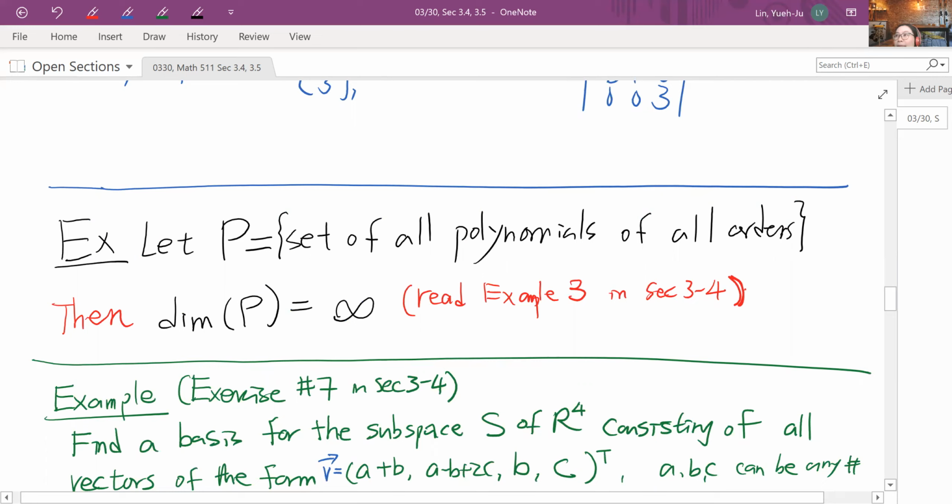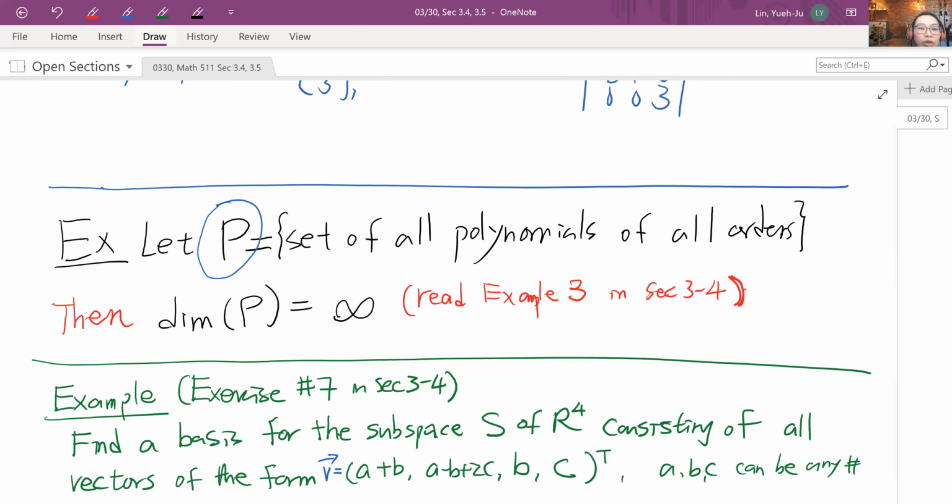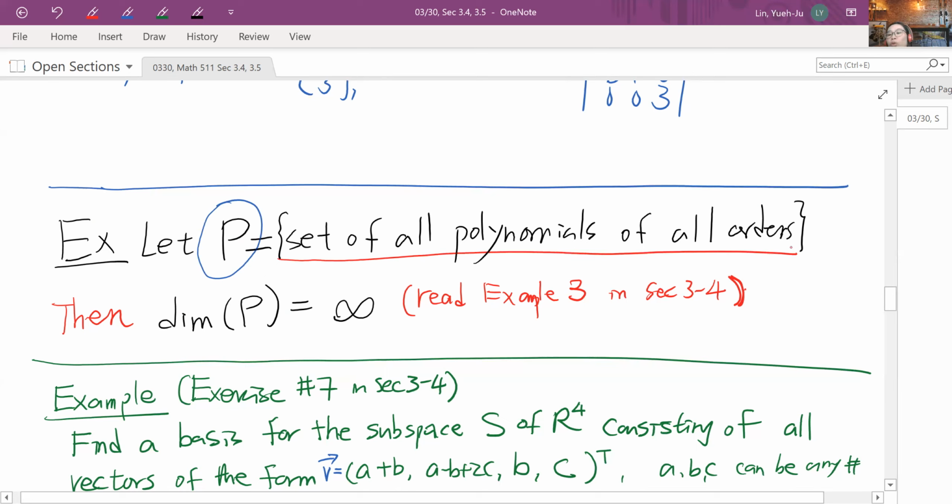And we know Pn for each given n is a vector space. But if you make the space even larger, and collect all the possible polynomials of all orders, then this is also a vector space.